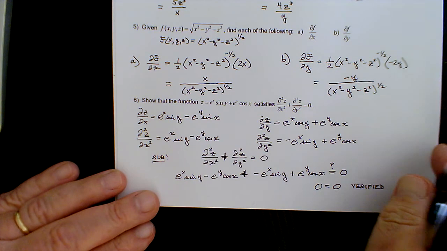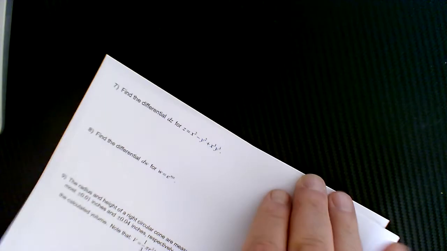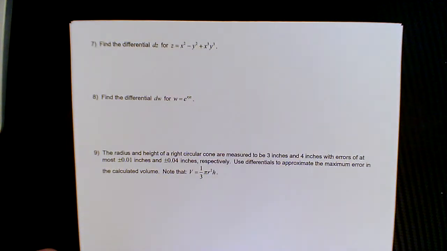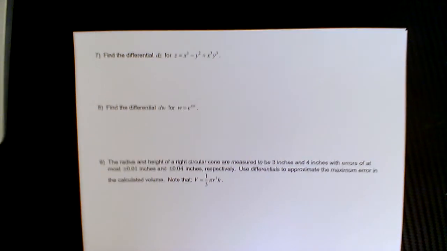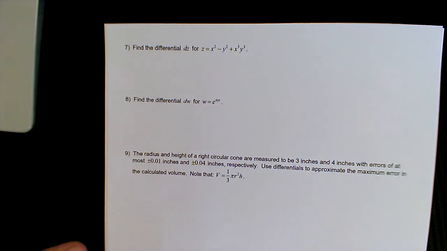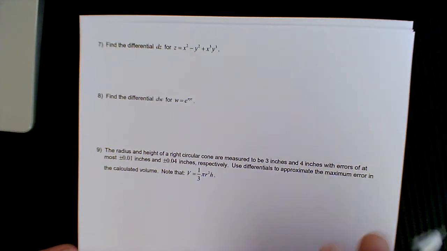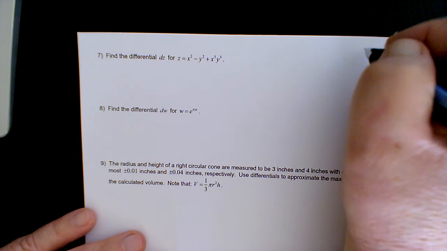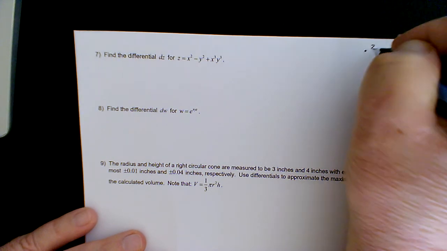Okay, so let's continue. Next page of notes. Up to number 7. We want to find the differential dz, where z is a function of x and y. And so you might recall that for these differentials we have a little diagram that sometimes helps us out to realize the formula.